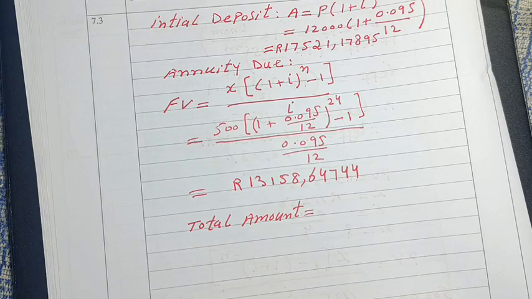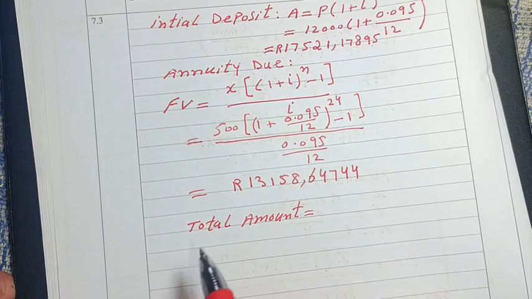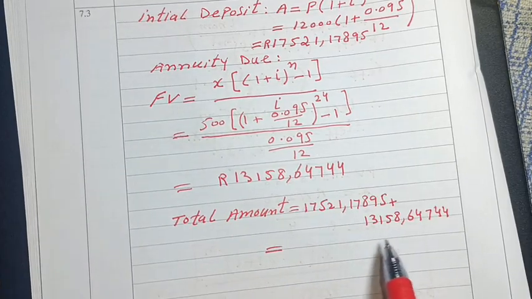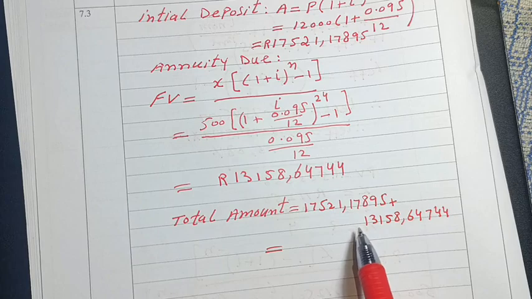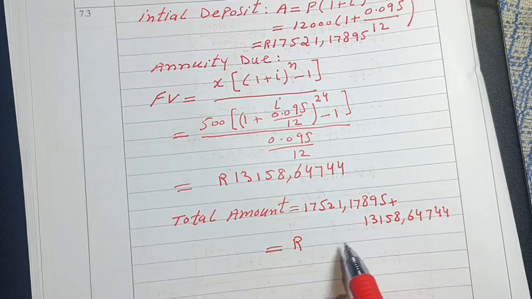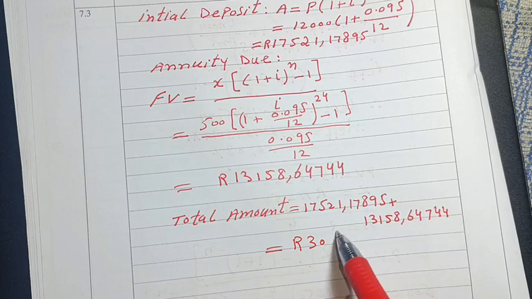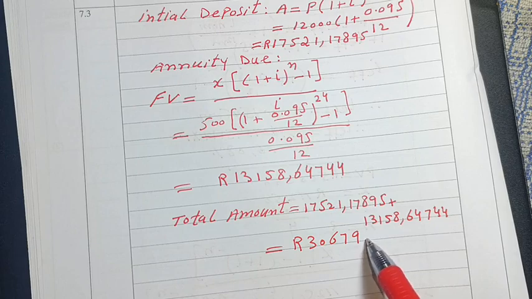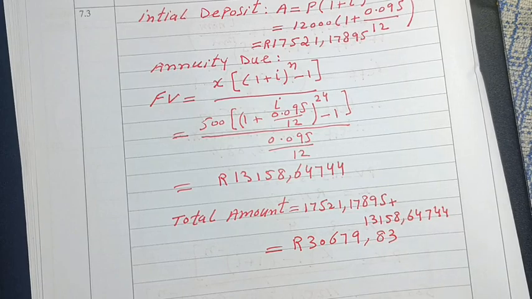So we have to add the initial deposit and this annuity amount. I'm going to add both of these amounts. So the answer is 30,679. I can round to 2 decimal places, comma 83. So this is my final answer.